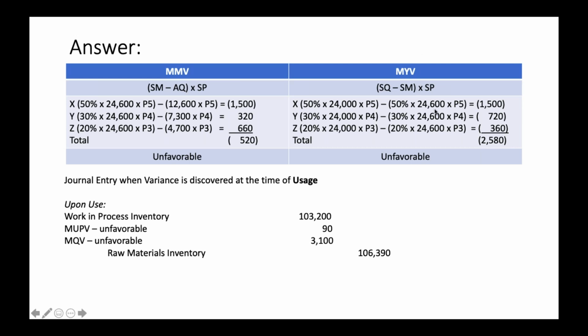So we have more than what should have been. Again, the total number of kilos that should have been consumed to produce 200 batches is only 24,000. And yet the actual number of kilos that was used to produce 200 batches is 24,600. So we used more than the standard. That's why this is unfavorable on our part, because we used more than the standard.